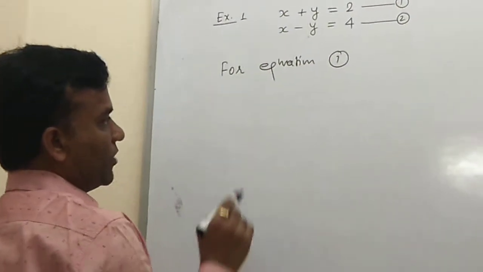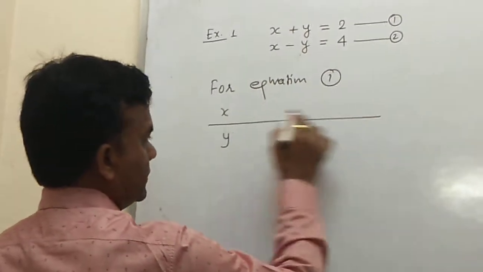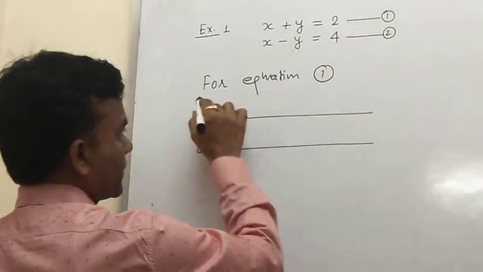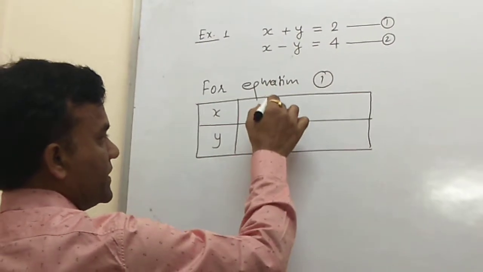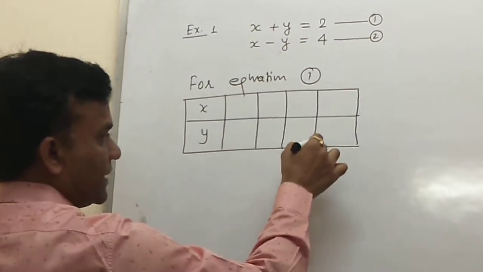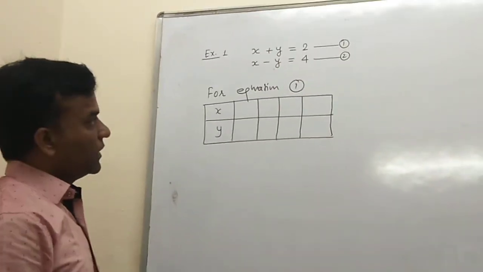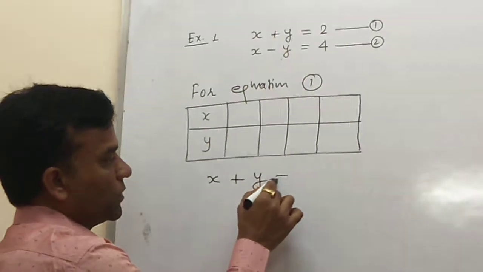Then you also draw the table for equation 1. You write down the points, at least 2 points. Basically, you can draw 3 or 4, depending on you. And now you write down the equation x plus y equal to 2.